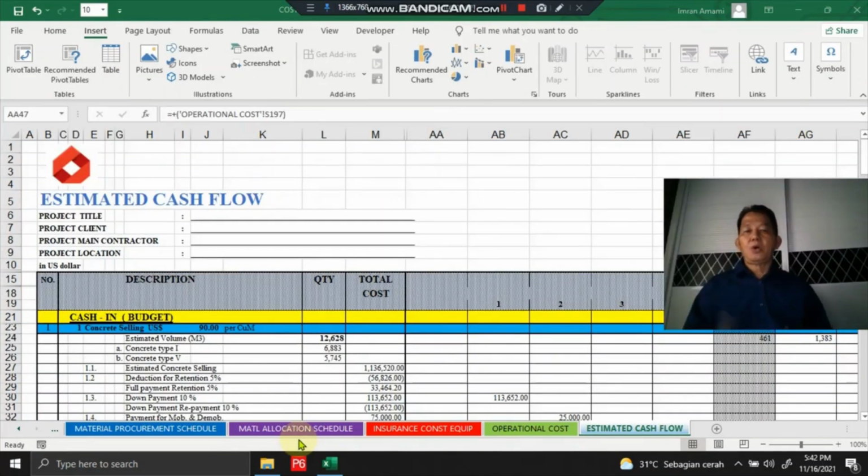Okay, so this is all the information needed to compose a good estimated cash flow. But the main key to composing a good estimated cash flow in this case is the project schedule. The project schedule should become the reference or basic information to well allocate project costs.